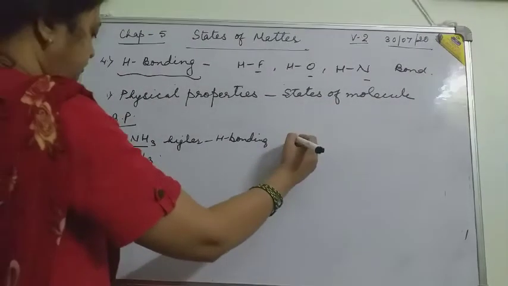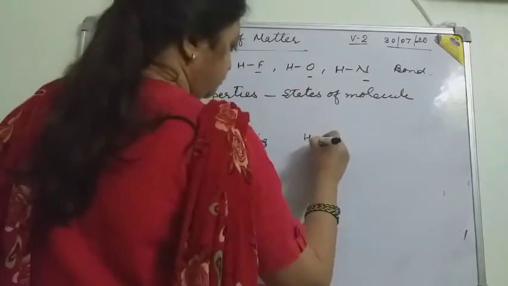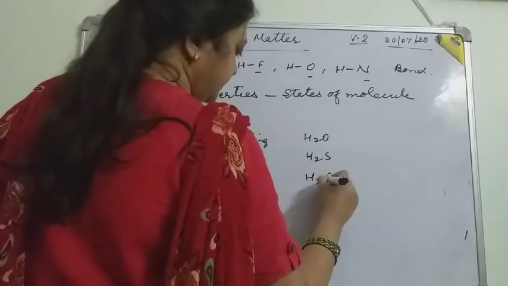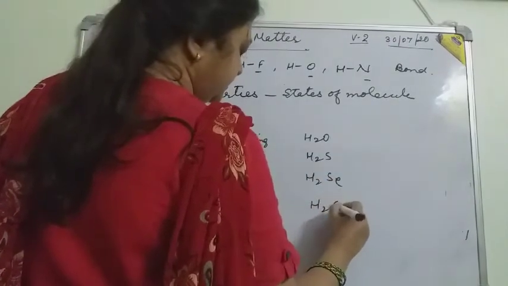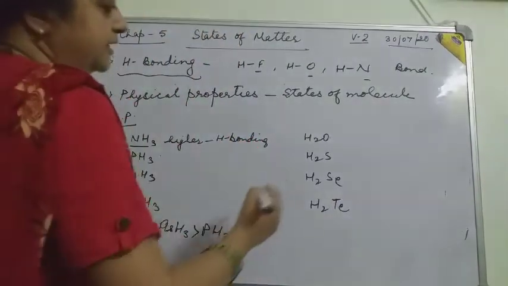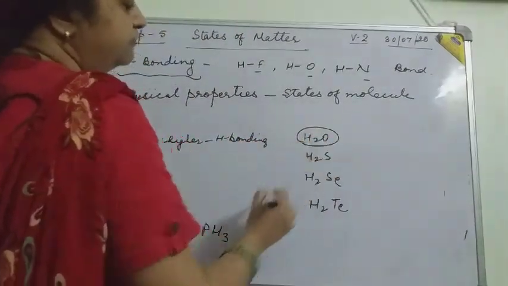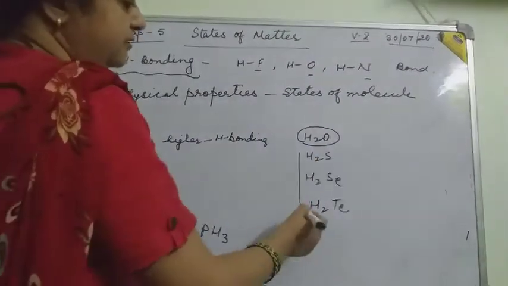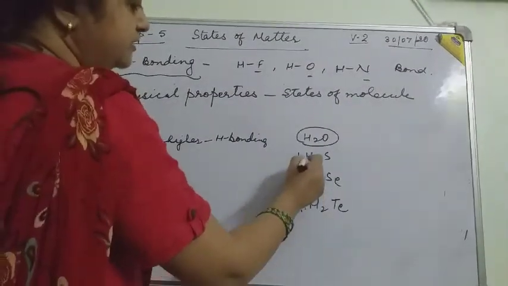Likewise, if we consider the oxygen group hydrides, H2O, H2S, H2Se and H2Te, then the boiling point of water is more than that of these three. Highest is this, then this, then this.